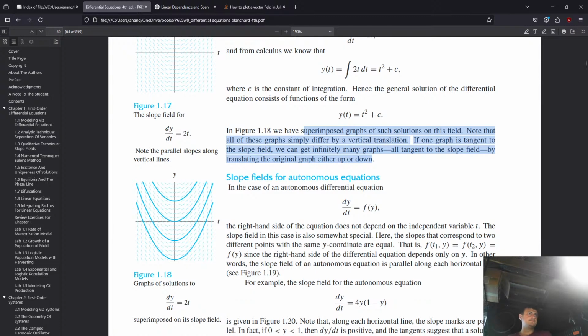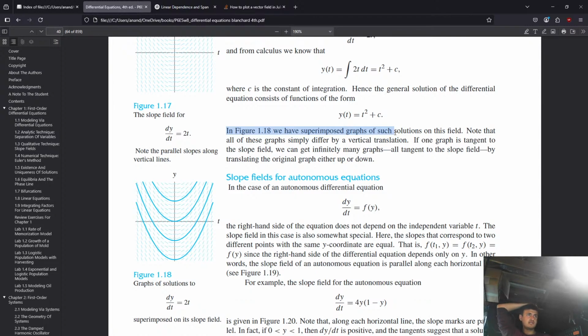Okay. In figure 1.18, we have superimposed graphs of solutions. Note that all of these graphs differ by a vertical translation. If one graph is tangent to the slope field, we can get infinitely many graphs all tangent to the slope field.